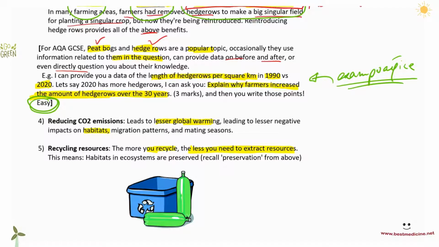Remember, we were extracting resources, for example, by deforestation. So if you already have those resources, you won't have to do deforestation. Also, recycling helps conserve energy, for example fuels, electricity, and so on. And so that decreases the burden on fuels and electricity production and all of those things.